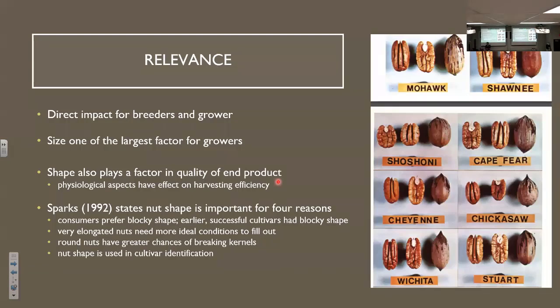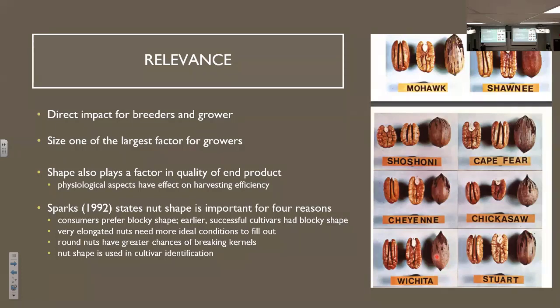So the relevance of this project: like other common annual crops such as tomato, we see a great deal of variability in the shape and size of pecans. They can range from tiny to rather large, and the shape of these pecans has an effect on the end product and quality.